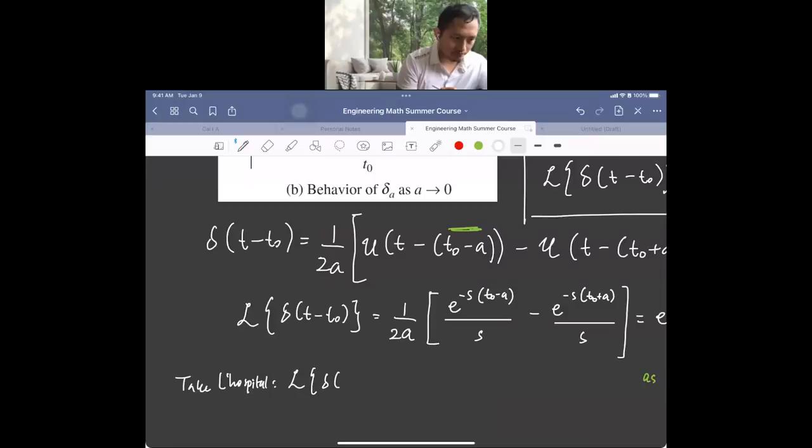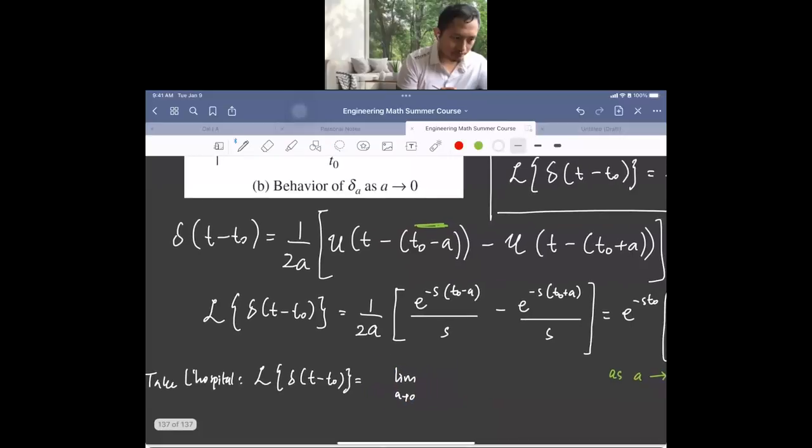We can write the Laplace of the delta as the limit as a goes to 0. Let me write the constant: e to the negative s t0 is a constant.